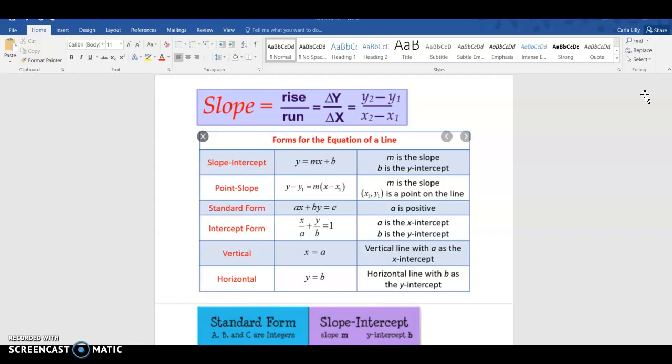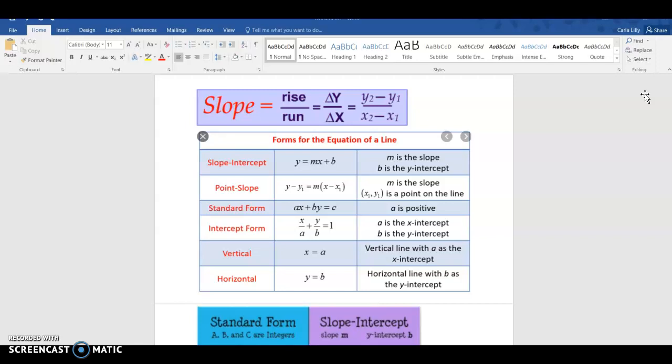All right, so we've looked at slope-intercept form, point slope form, standard form. You don't have to worry about intercept form right now. It's kind of like just another version of your intercepts. But vertical form and a horizontal line. So a vertical line, x equals a.